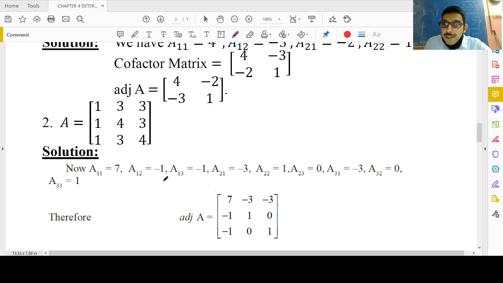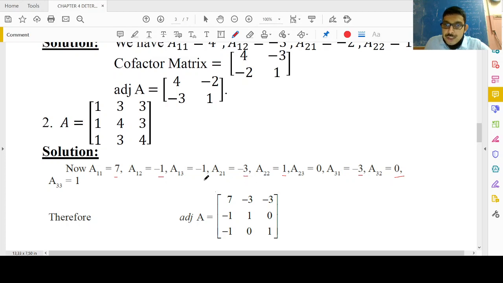Now the adjoint of A will be the transpose of the cofactor matrix. In the first row, we have the cofactors of A11, A21, A31, so that is 7, minus 3, minus 3. In the second row, the cofactors of A12, A22, A32, so that is minus 1, 1, 0.